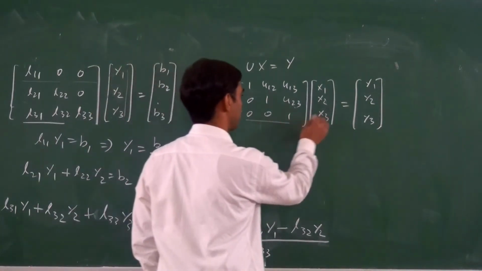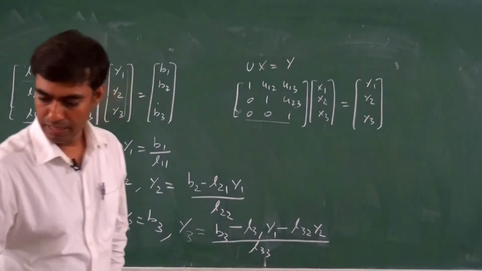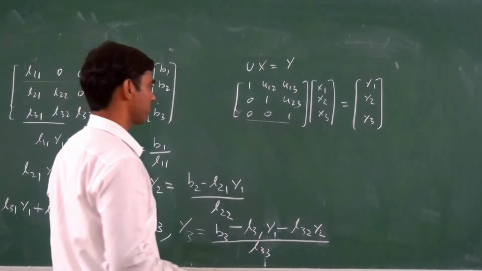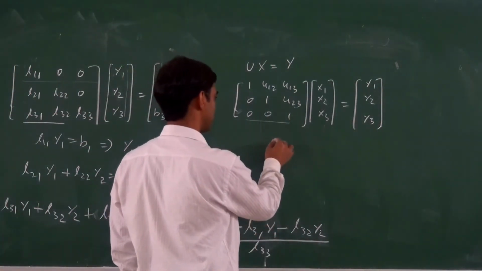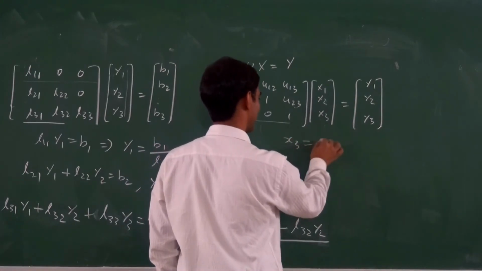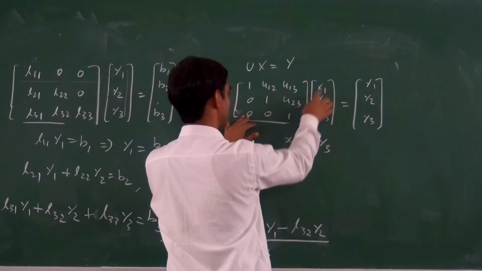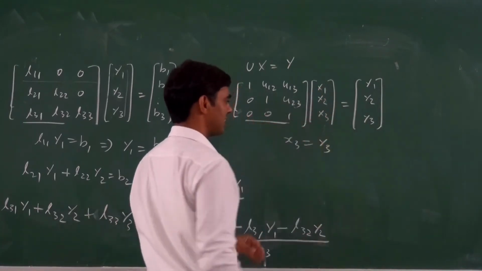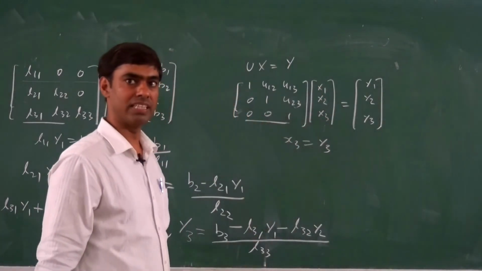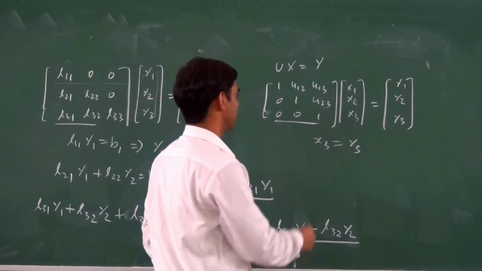So here we multiply by this one, then what is the solution? X3 equals Y3. Directly we write this row multiplied by this column: 0 into X1, 0 into X2, 1 into X3. Then X3 is Y3.